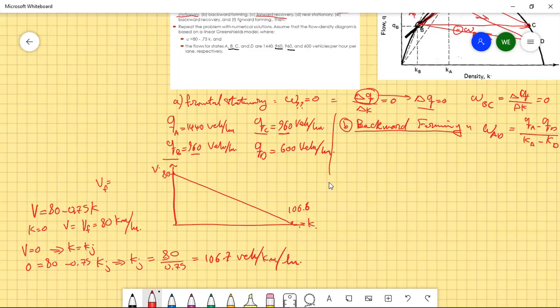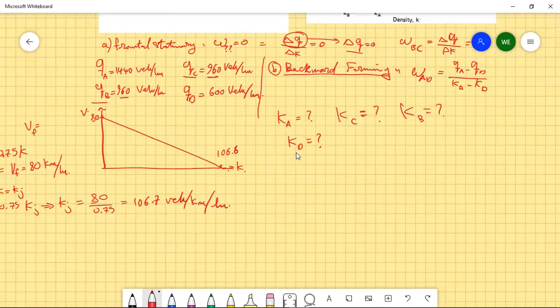Good. Now we want to calculate the density at A, density at C, density at B, and density at D. In order to do that, let's do the following.